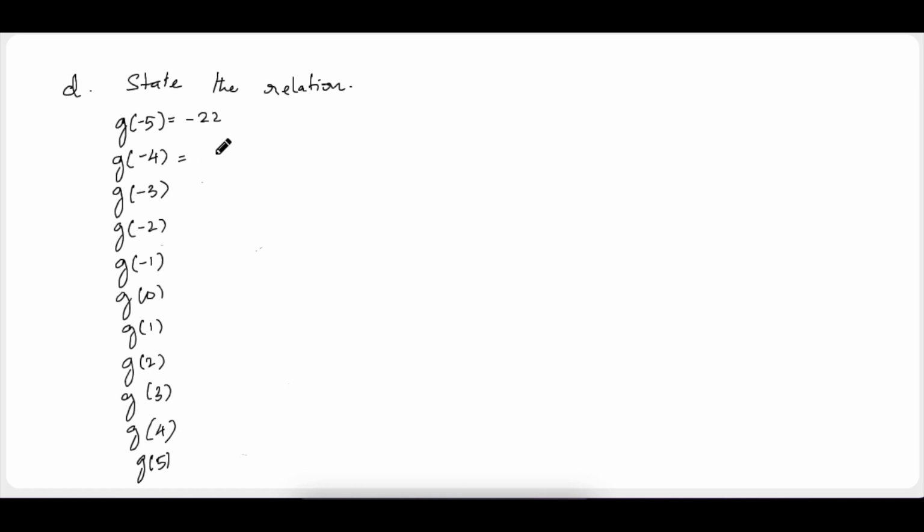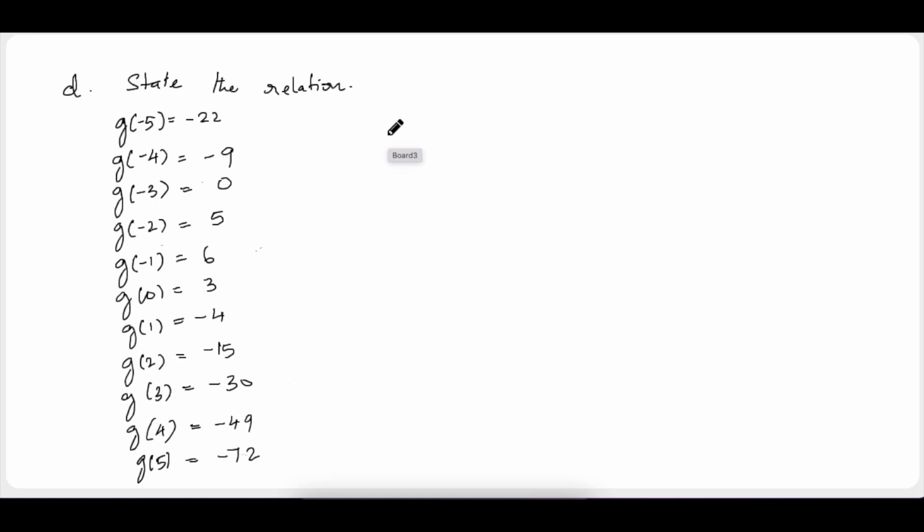So we found minus 22, minus 9, g of minus 3 is 0, g of minus 2 is 5, g of minus 1 equals 6, g of 0 equals 3, g of 1 equals minus 4, g of 2 equals minus 15, g of 3 equals minus 30, g of 4 is minus 49, and g of 5 is minus 72.